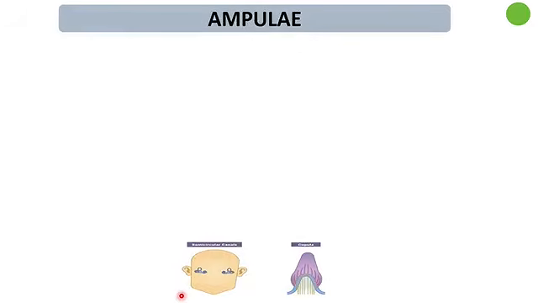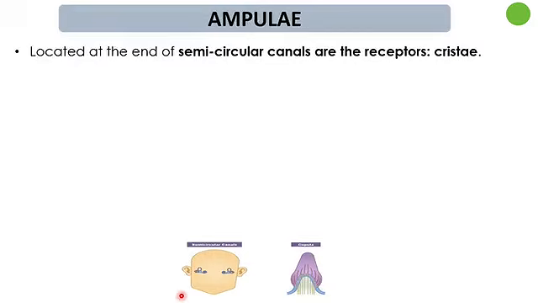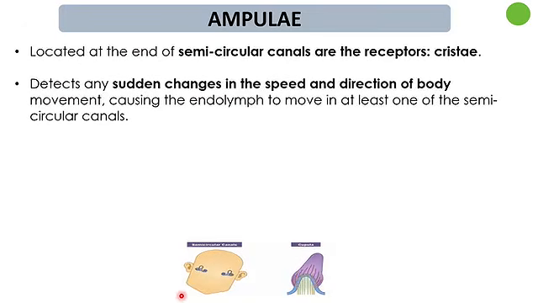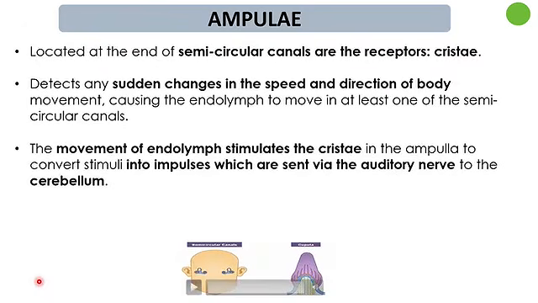The ampulla, remember, the ampulla is in the semicircular channels. There's a specific receptor which we call the crista. It will detect sudden change in the speed and direction of the body. Here you can see at the bottom how it moves from one side to the other, and that will detect the direction of the body, and that causes the endolymph to move in at least one of the semicircular channels.